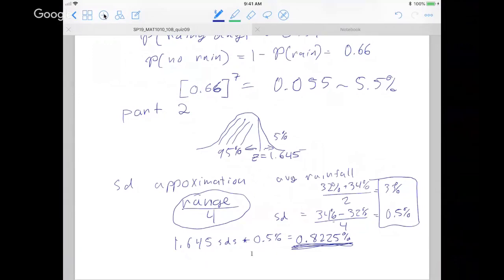So 33% plus 0.8225%, so percent rainy would need to be 33.8225%.